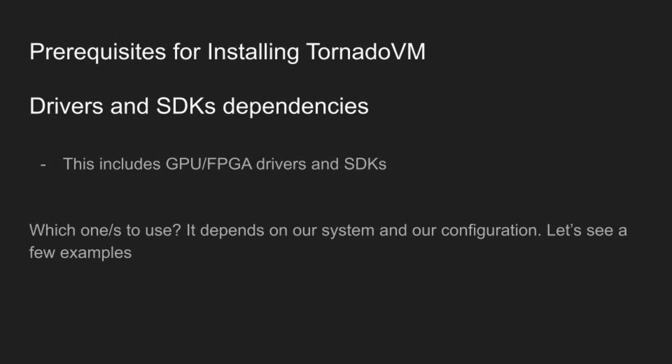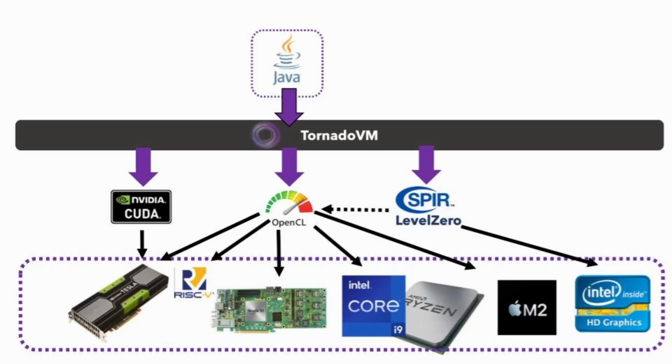But okay, that's great. How do we know which drivers or SDKs to install? To know this, I always like to show this diagram. TornadoVM currently supports three backends. One backend is for CUDA, which runs on NVIDIA GPUs. One backend is for OpenCL.